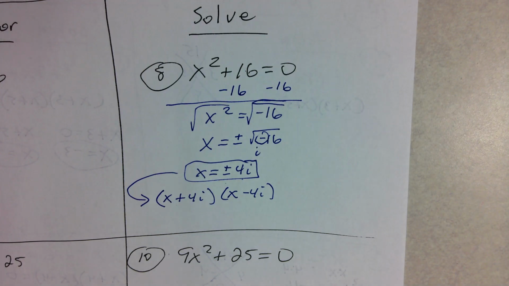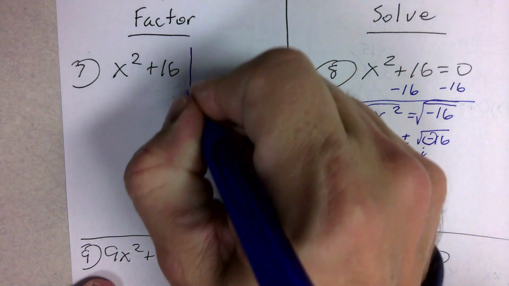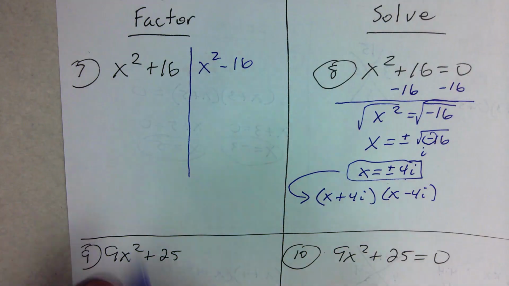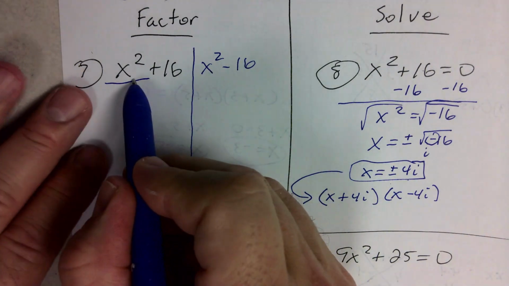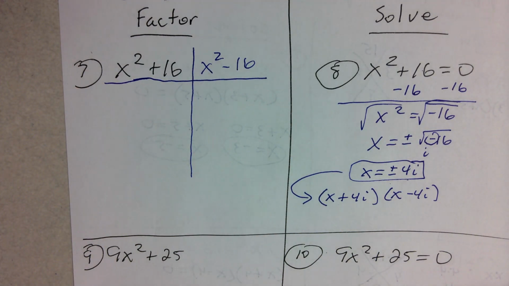Okay, I'm going back over here, and we're going to work these. I'm going to do this side by side. x squared minus 16 versus x squared plus 16. Guys, make sure you're focusing on this, okay? These will be really quick if you know what you're looking for.